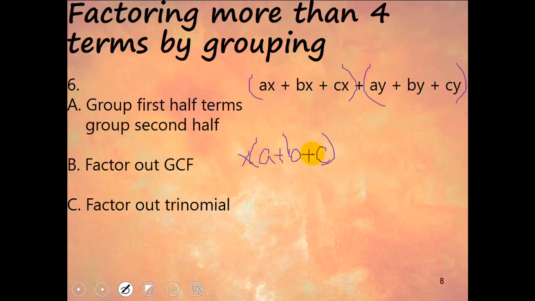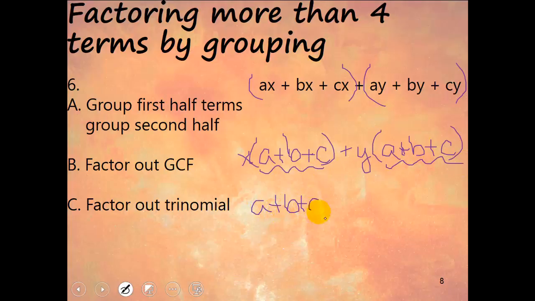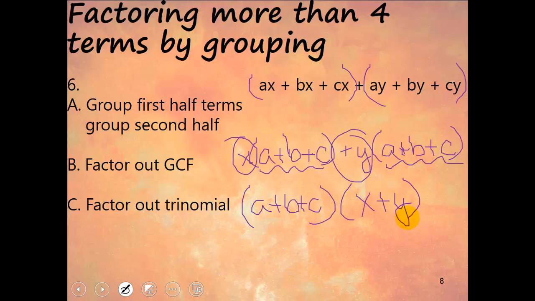And then we have y for this one. And then notice how this is a match to this. So then we're going to factor out that common trinomial. And then what's left is our other factor right there, x plus y. It's just a straight extension of when we do it with 4 terms.